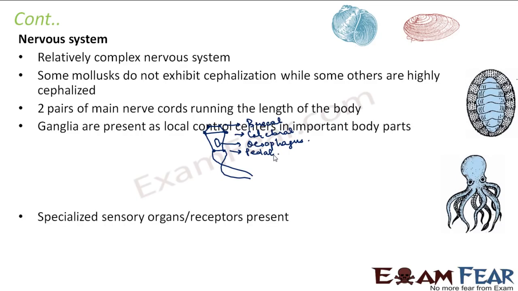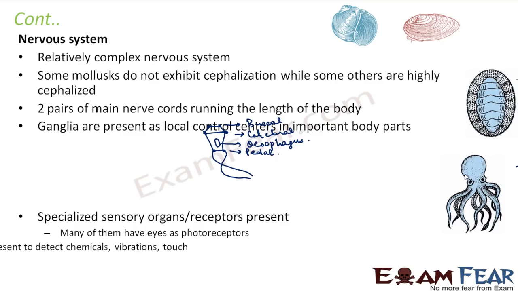Specialized sensory organs or receptors are also present. Many of them have eyes as photoreceptors. As you can see in case of the octopus, they have eyes for their vision. Sensory tentacles are present to detect chemicals, vibrations and touch. So tentacles are also visible in case of octopus.